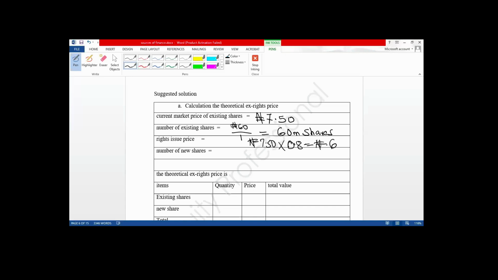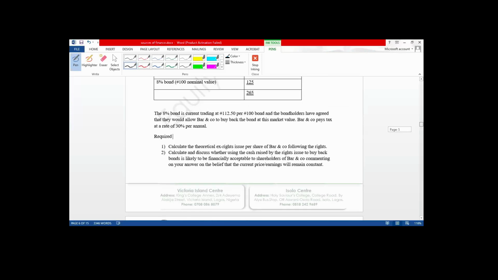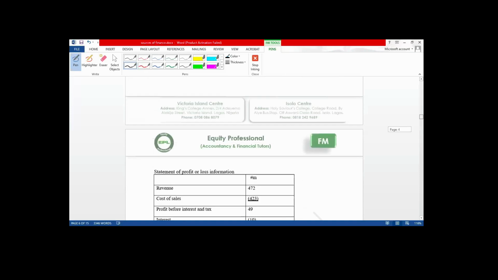Then the last variable, number of new shares in that rights issue. How many new shares are we going to issue under the rights issue? We are not given it directly. How much are we trying to raise? 90 million.